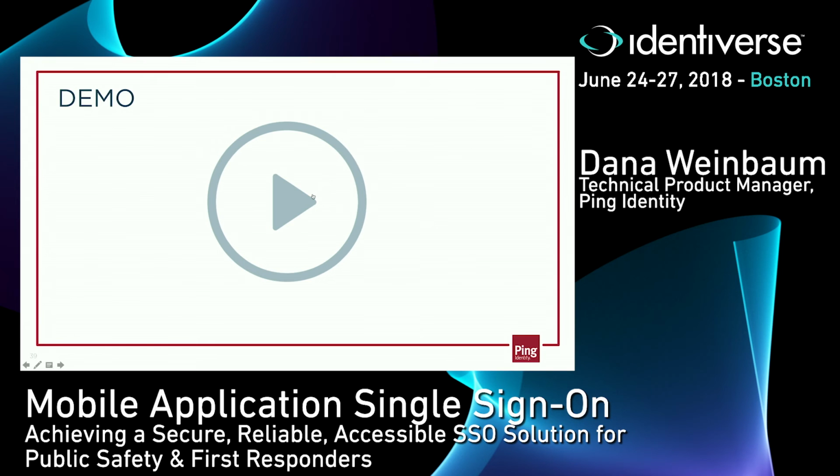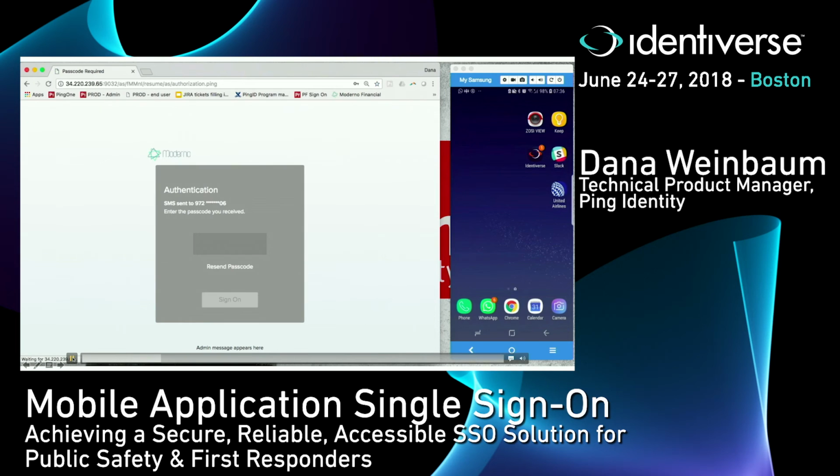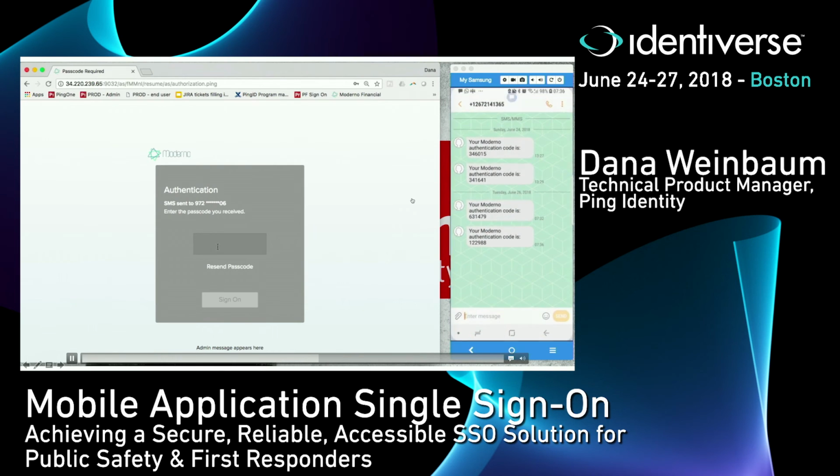In this case, the user doesn't have the mobile app, and we can see that once the user tries to log into the website, he receives an SMS to his mobile phone, and once he goes into the message, he types in the OTP that he got, and he can log in.